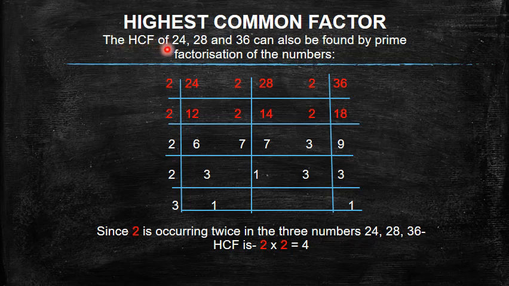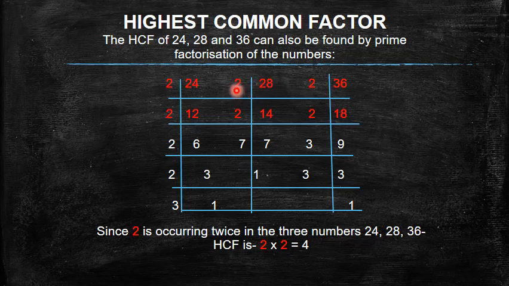The HCF of 24, 28 and 36, these are the numbers in question in this example, can also be found by prime factorization of the numbers. So we write 24, 28 and 36 and we find the factors of each of these numbers. So we see factors of 24: 2 twelves are 24, 2 sixes are 12, 2 threes are 6 and 3 ones are 3.